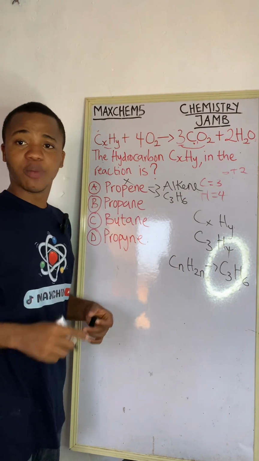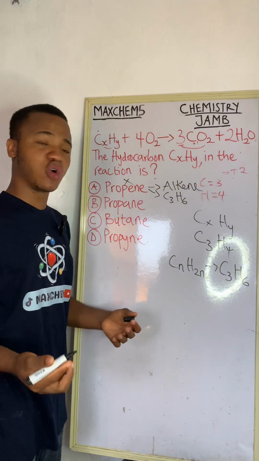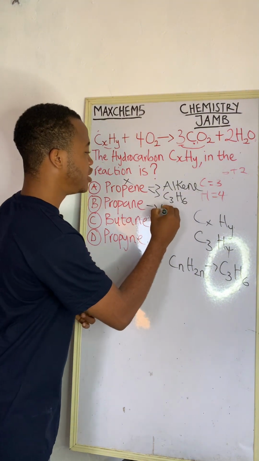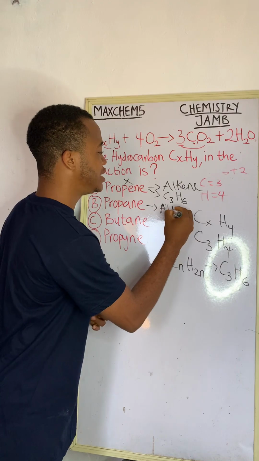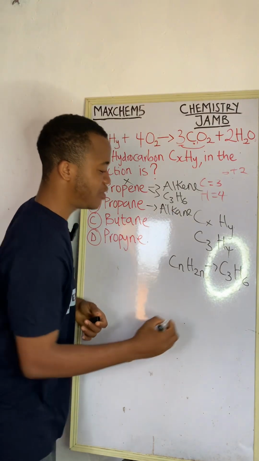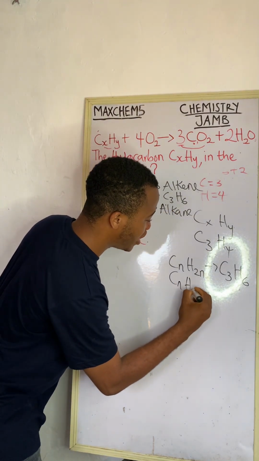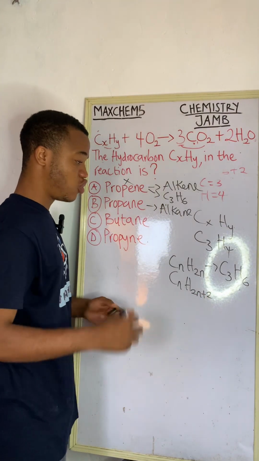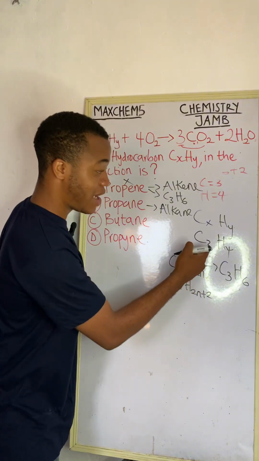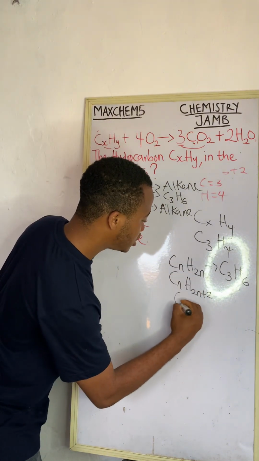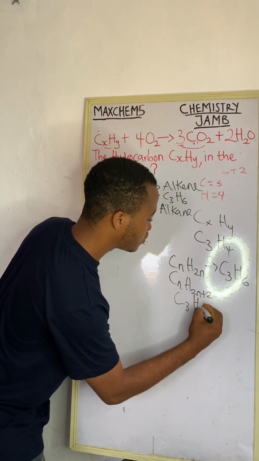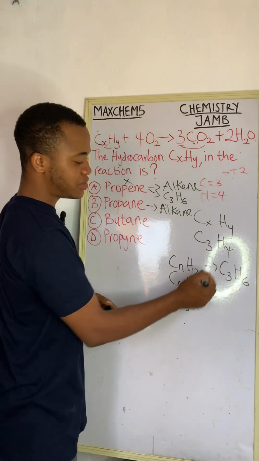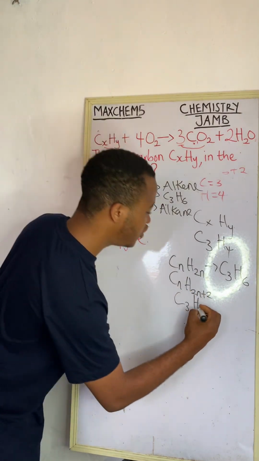Now, propane. Propane belongs to which family in the homologous series? The alkane family. Don't forget that the formula for the alkane family is CnH2n plus 2, where n is the number of carbon. For this one, our n is 3, so C3H, 2 times 3 will give you 6, and 6 plus 2 will give you 8.